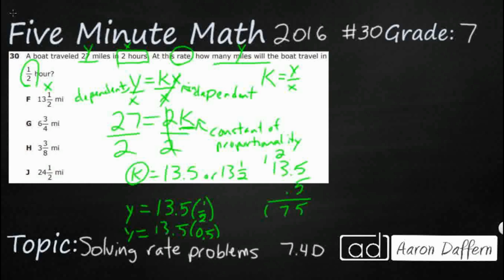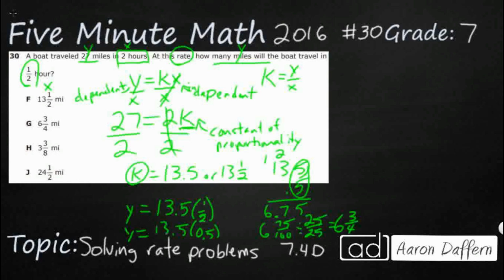And that's 5, that's 6. 2 digits behind the decimal in my factor, so 2 digits behind the decimal. So there we go. 6.75. We know that's 6 and 75 hundredths. And if we divide that by 25s, because those think of quarters, it's going to be 6 3/4. So we see that answer is G.